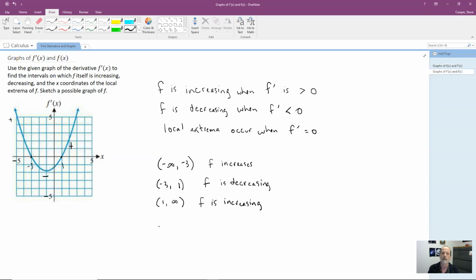Okay, so we also know that we go from, say this is 0.